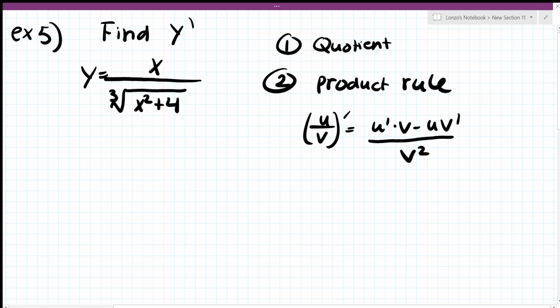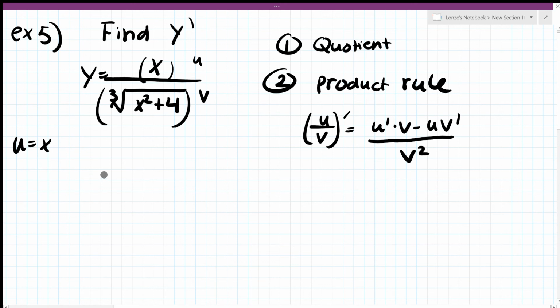Or you could use f and g, it's the same thing. So first stop, I'm going to use the quotient rule. First I've got to find my u and v. So my u is x, and then this whole thing is my v, right?